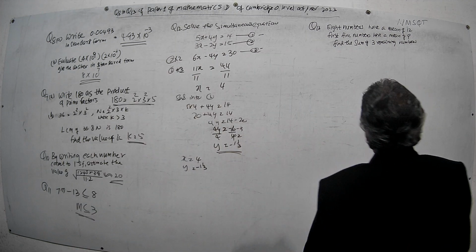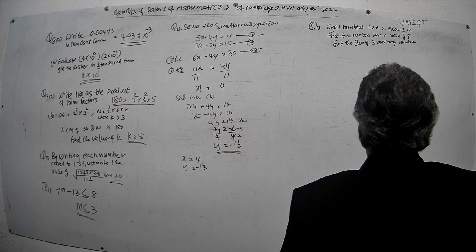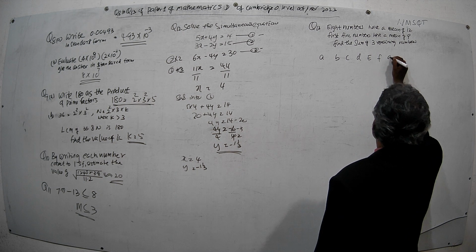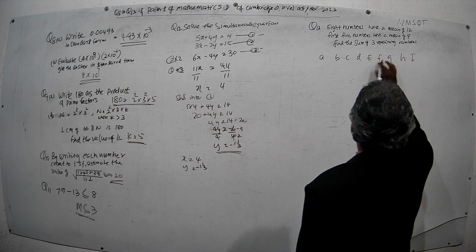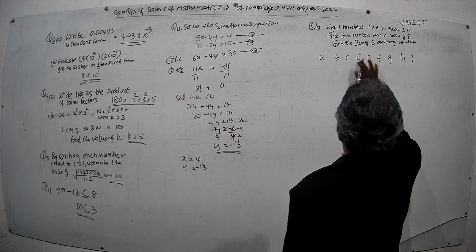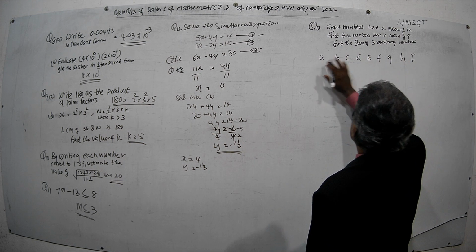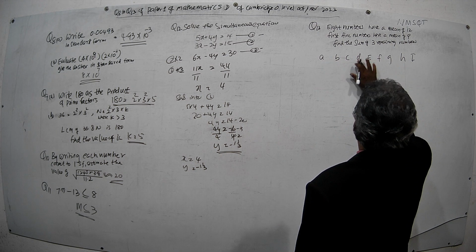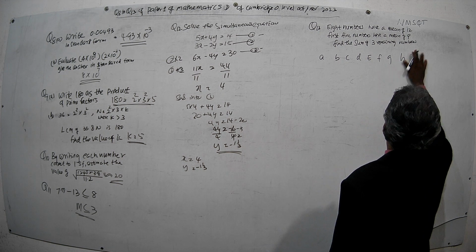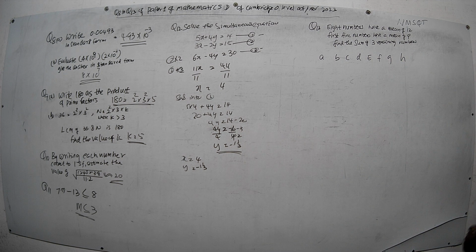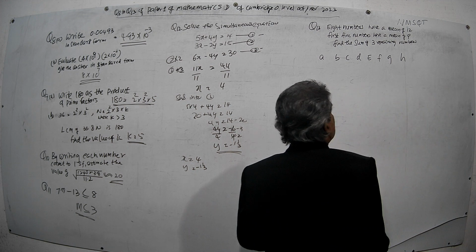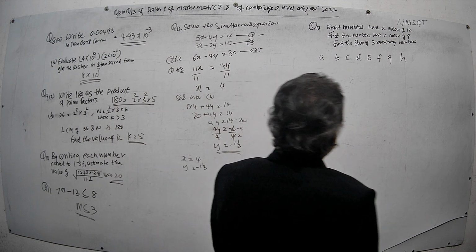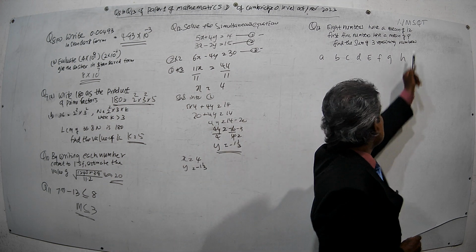8 numbers have a mean of 12. There are 8 numbers, say A, B, C, D, E, F, G, H. The mean of all these numbers is equal to 12.